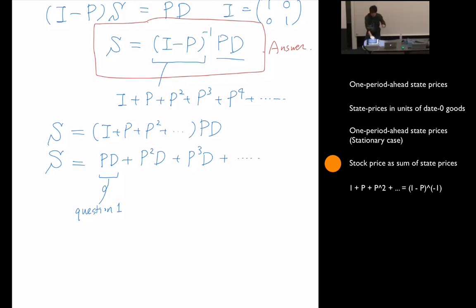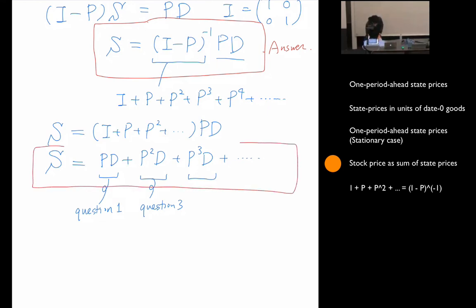This part we saw in question 3. This is the price of an asset that will give you either DU or DD at date 2. And as you can easily imagine, this is the price of an asset that will give you either DU or DD at date 3.